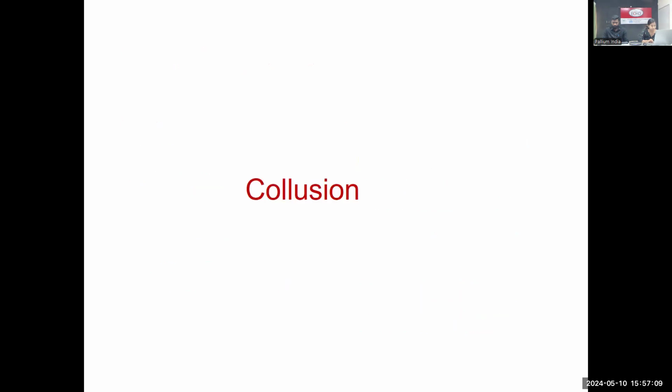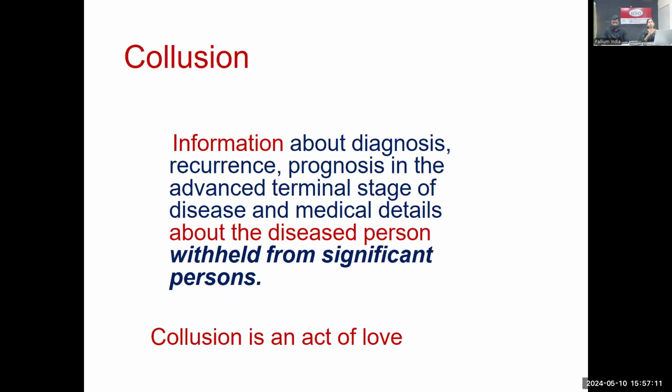Right. So what is collusion? Collusion is basically withholding information from the significant person. So information about diagnosis, recurrence, prognosis in the advanced terminal stage of disease, and medical details about the deceased person is usually withheld from the patient or the significant person.